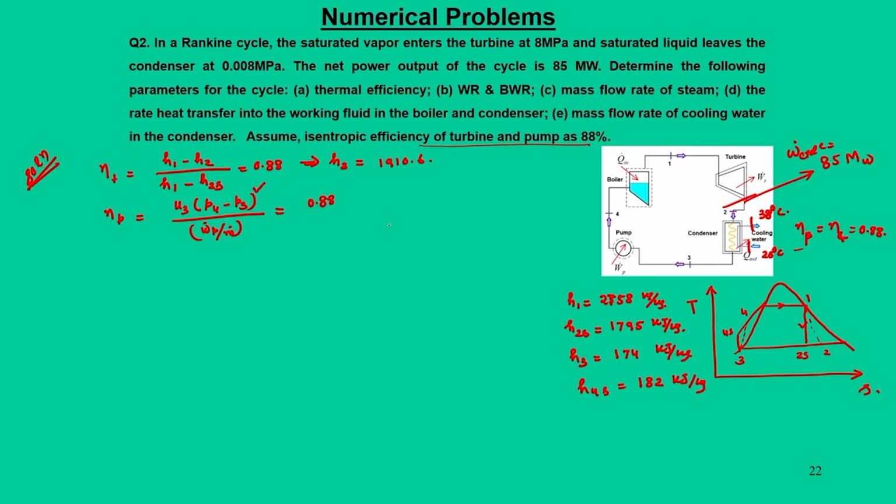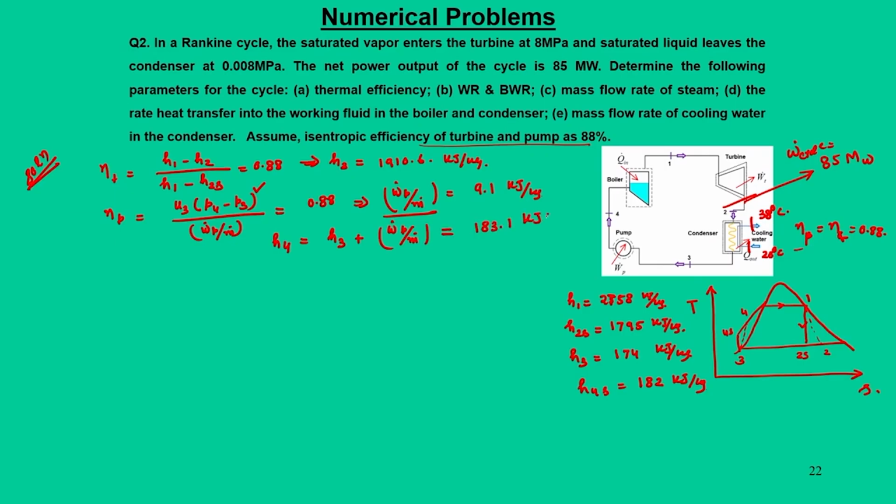This number we know, so this will give you W dot P by M dot as 9.1 kilojoule per kg. From this we can also find H4, which is H3 plus this term.